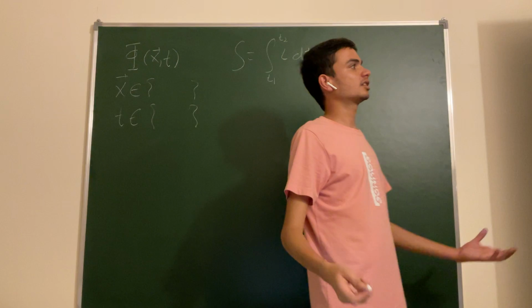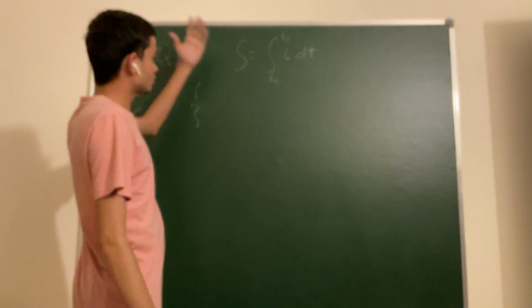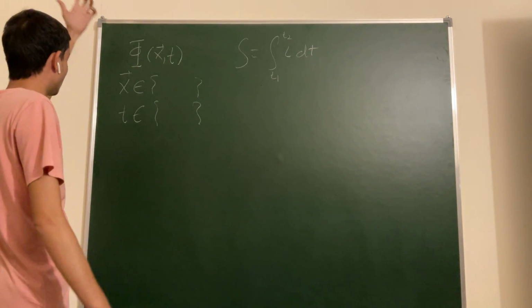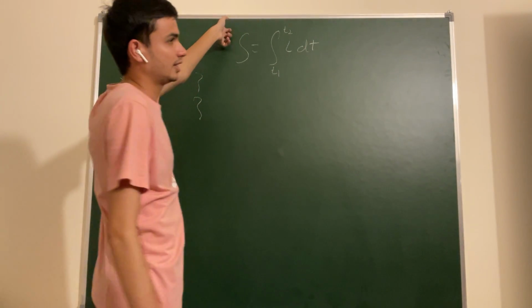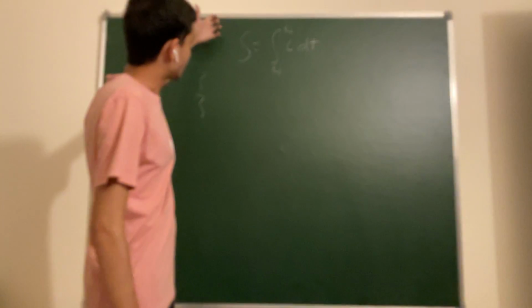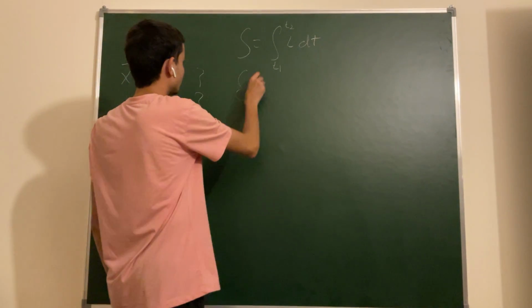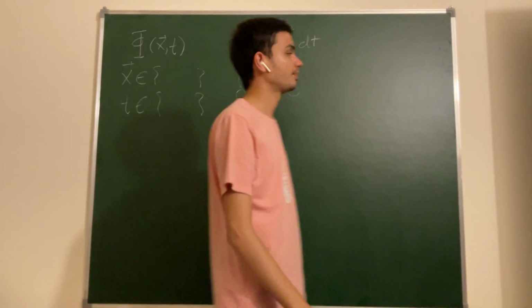The least action principle says that the corresponding curve, your phi of t, your field configuration, is such that the action is minimized. So the variation of S is 0. We call it extremization of the action.